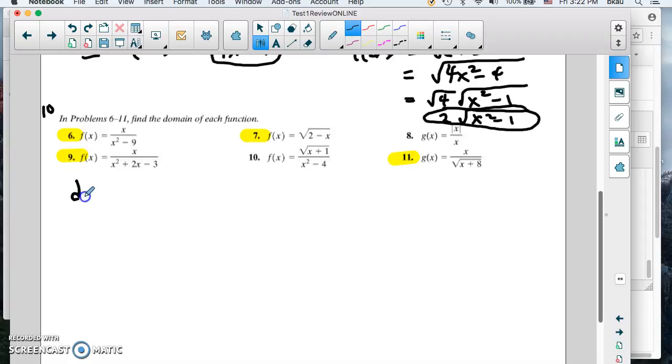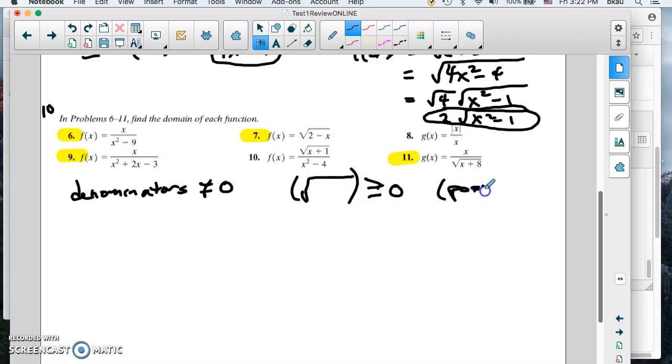So denominators cannot equal 0. And square roots of values have to be positive, have to be greater than or equal to 0. So those are the two things that I'm going to be looking for. It cannot equal 0 or greater than or equal to 0.